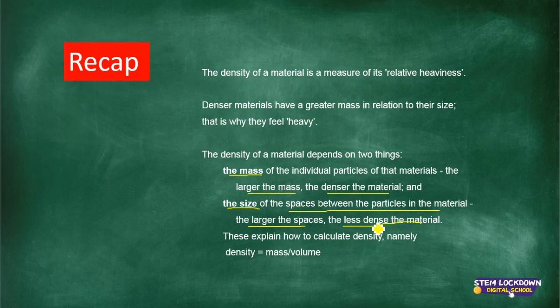While I explain that to you, I want you to think of the brick and the loaf of bread scenario that we used last week, where I explained how the loaf of bread and the brick were the same size, but how come one was heavier than the other? So this would be the space of the particles between the bread. It was greater, it was less dense, which made the bread lighter.